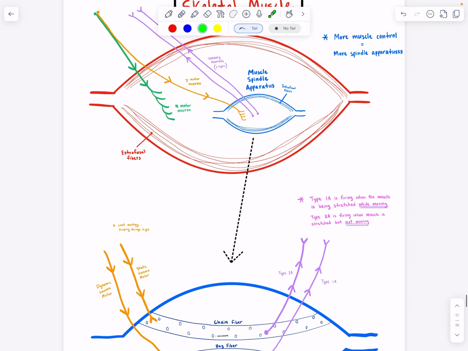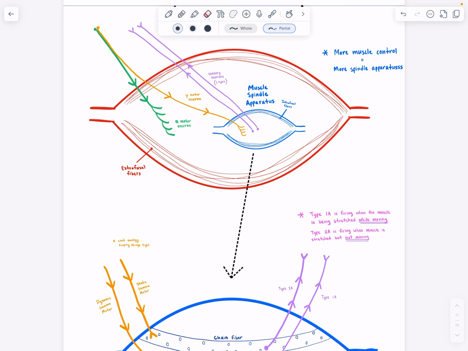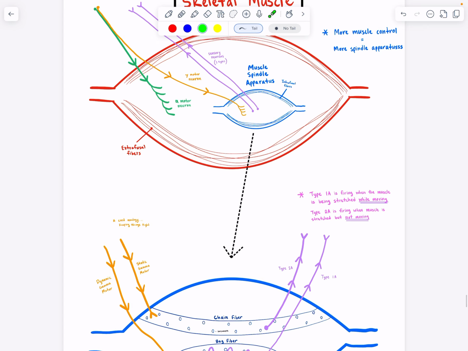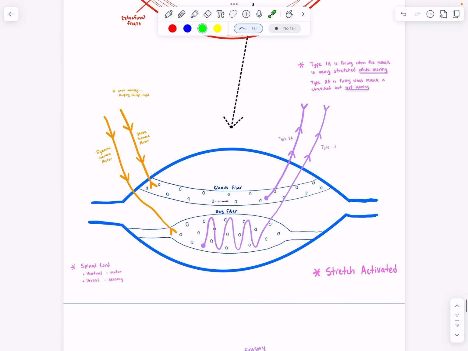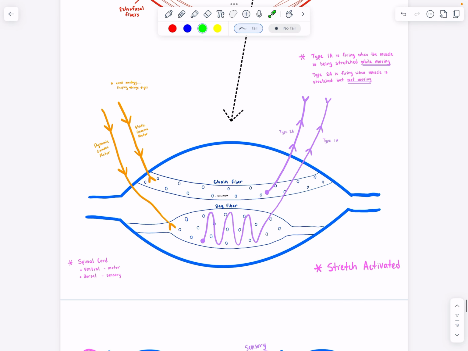So what happens is that these two sensory neurons can detect stretching. If we zoom in on these sensory neurons, we have these chain fibers and back fibers. The chain fiber attaches to the type 2A sensory neurons, and the back fibers attach to the type 1A sensory.